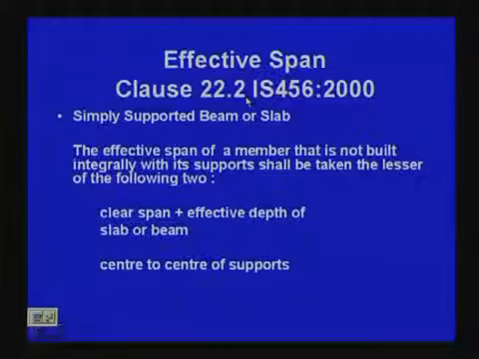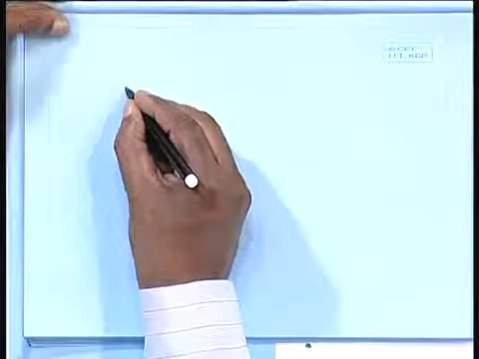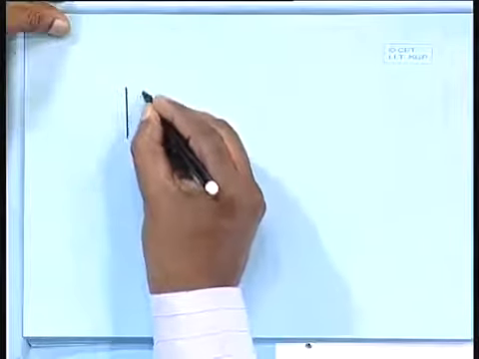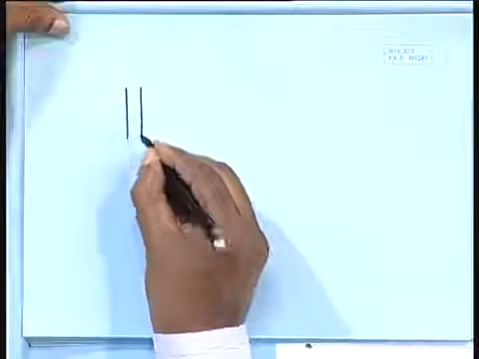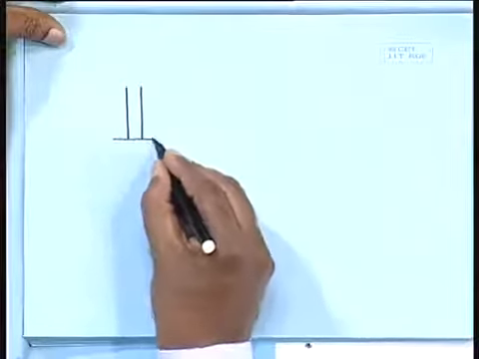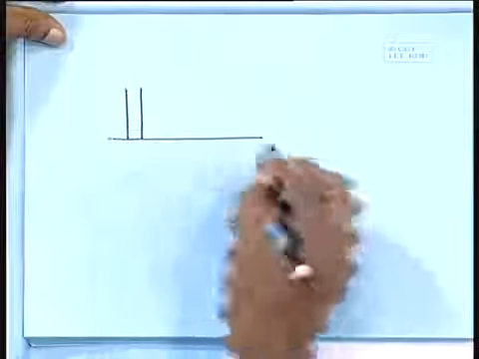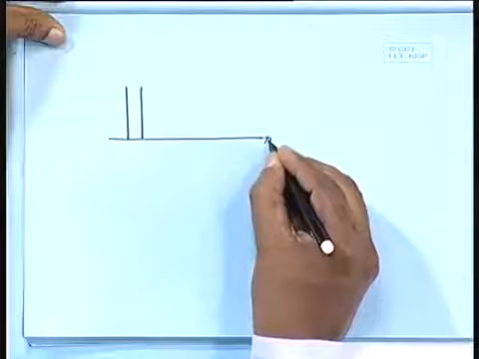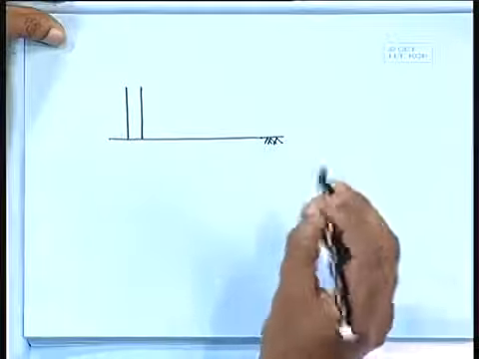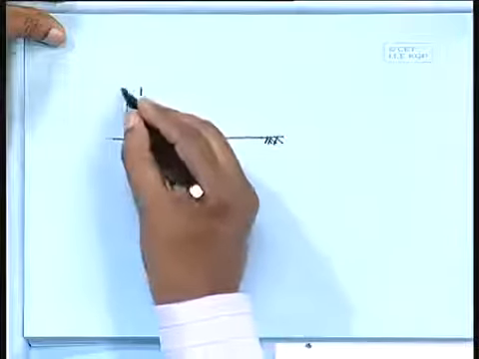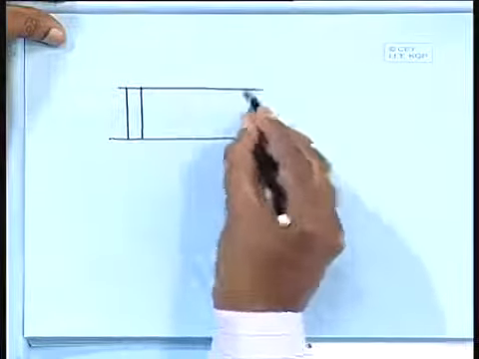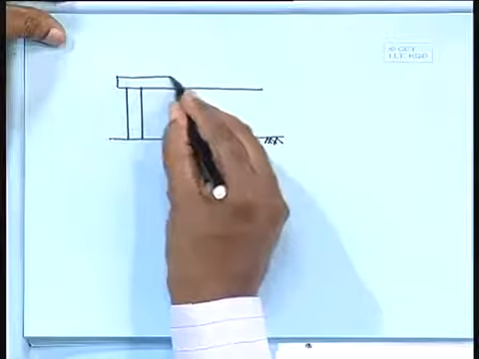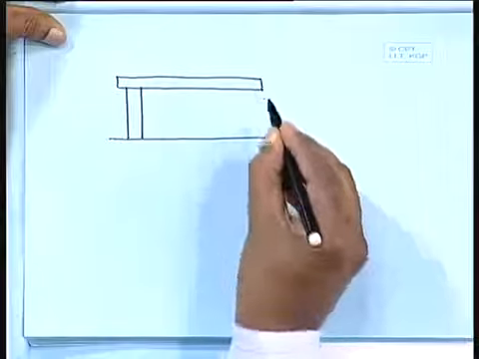We have, say, a masonry wall, this is our ground level. It may be a beam or a slab.